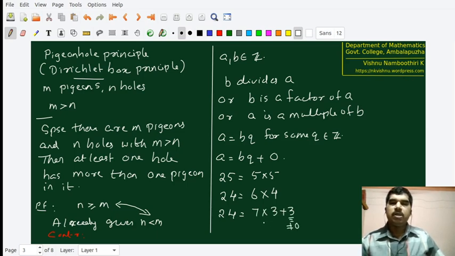Therefore, 7 does not divide 24. So these are some examples showing what we actually mean by saying that b divides a, or b is a factor of a, or a is a multiple of b. Now we will move towards some more interesting results using the pigeonhole principle and using the division theorem that we have just now proved.